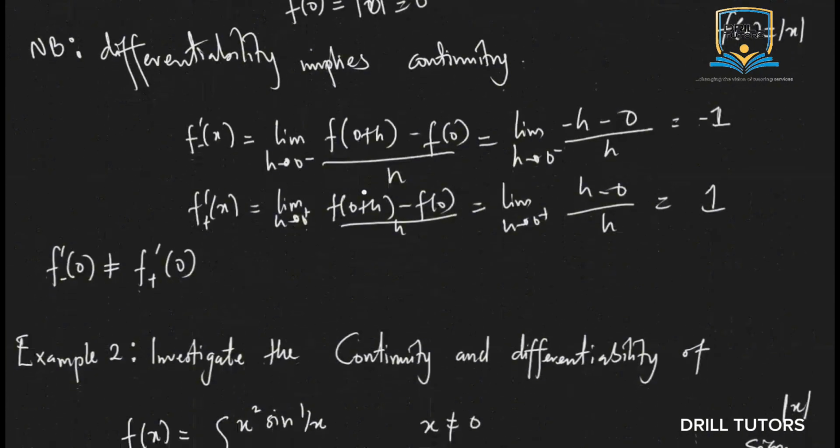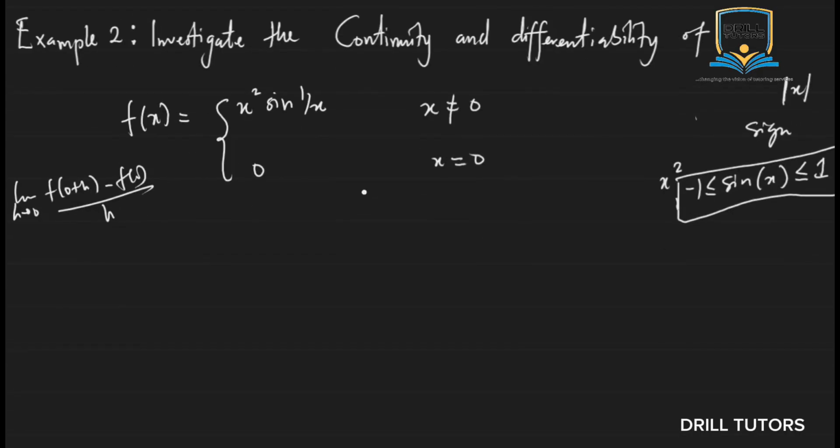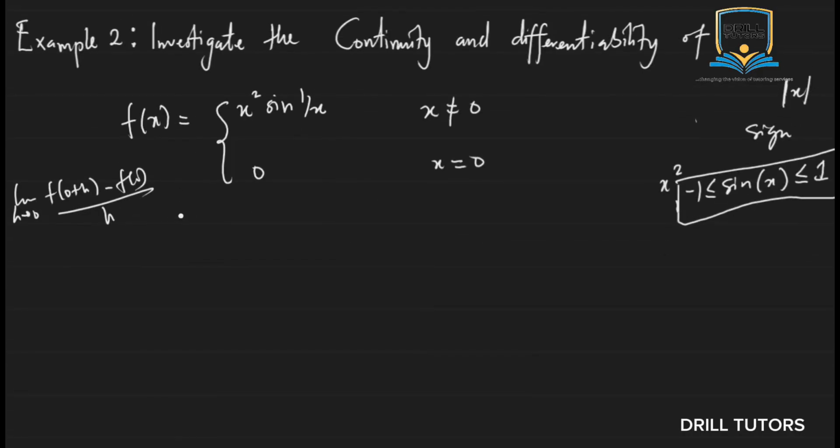So whenever you need to be critical with signs, then the idea of left and right derivative comes in. Now, how do you check this? Simple, as I've already defined.